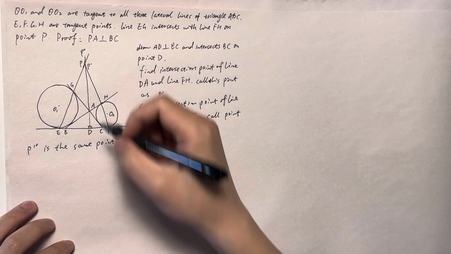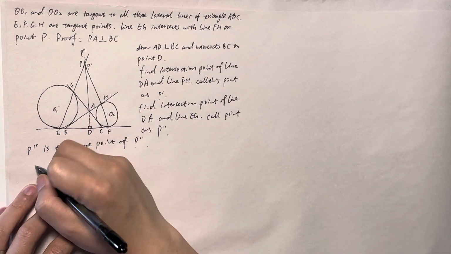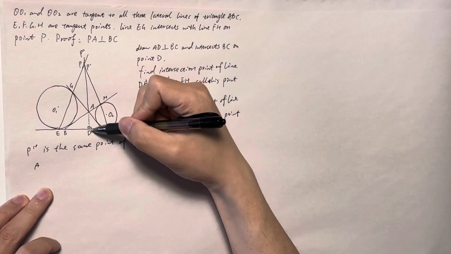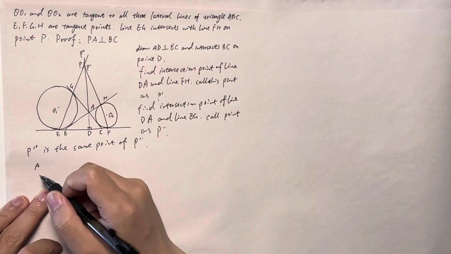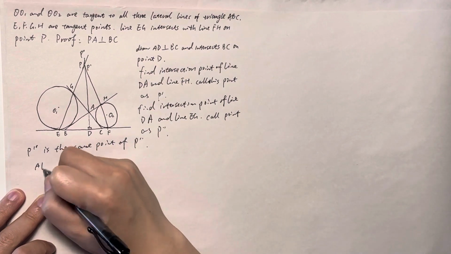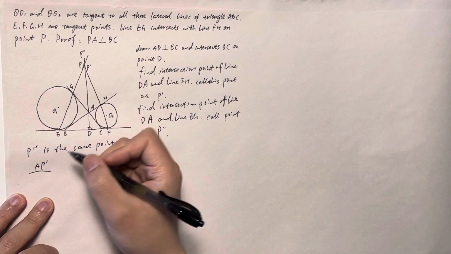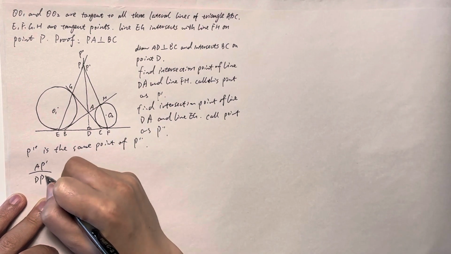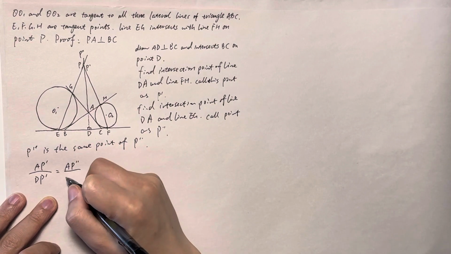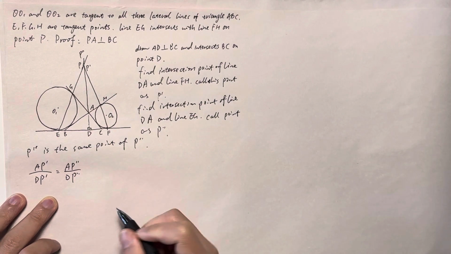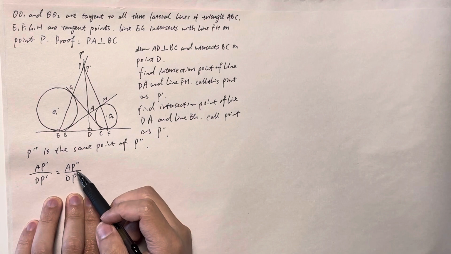To prove this, if we have a way to show this segment relationship, like I just write it this way: AP prime divided by DP prime equals AP double prime divided by DP double prime, then we can prove that P prime is actually the same as P double prime.